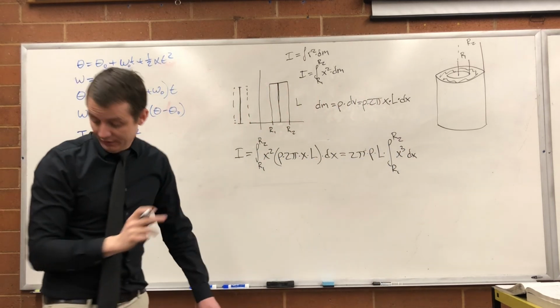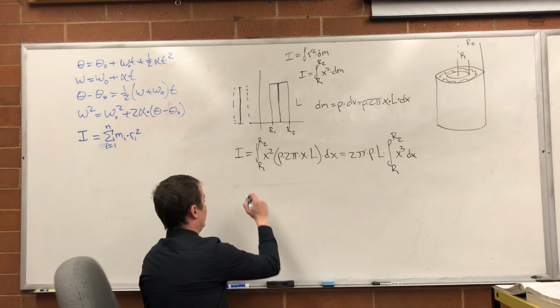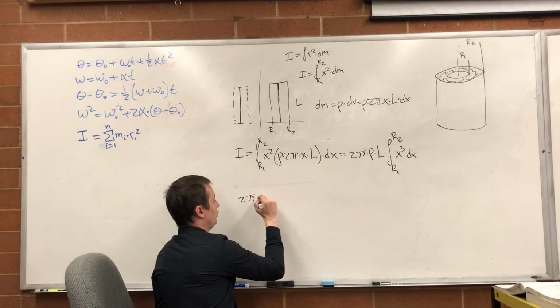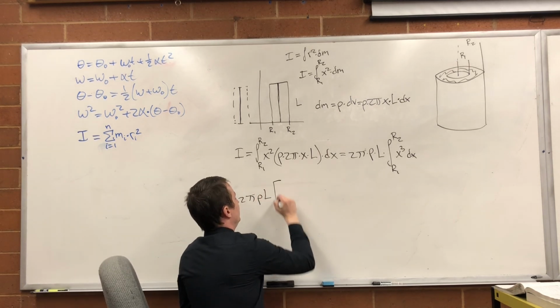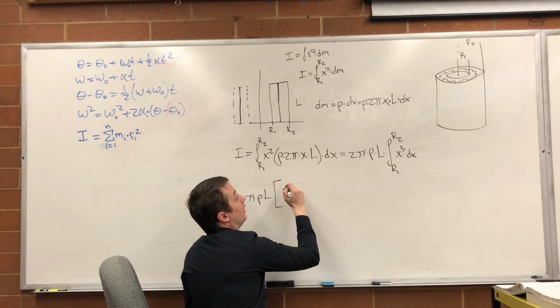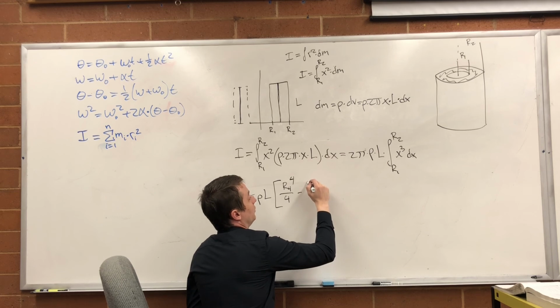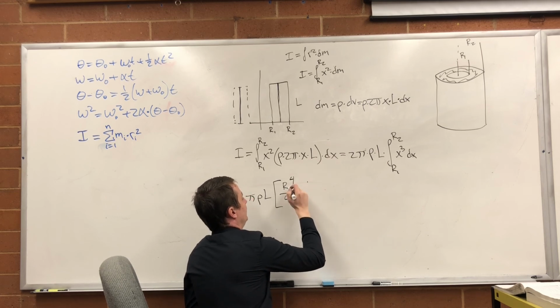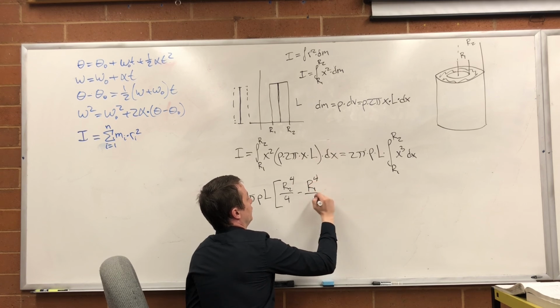Okay. And now you know how to take that integral. So this is going to be 2 pi rho L times r2 to the 4 over 4 minus r1 to the 4 over 4, right?